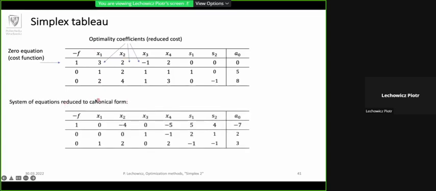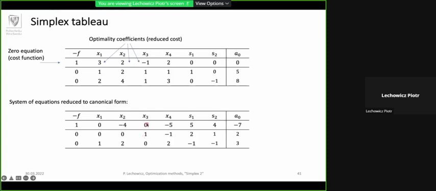And then we are reducing our system of equations to the canonical form. So we are making a pivot. We are selecting two columns for the basis. And after selecting those two columns, we are making a pivot.